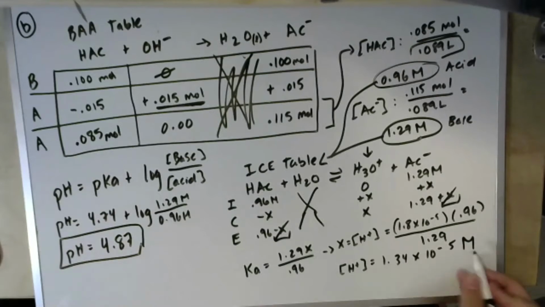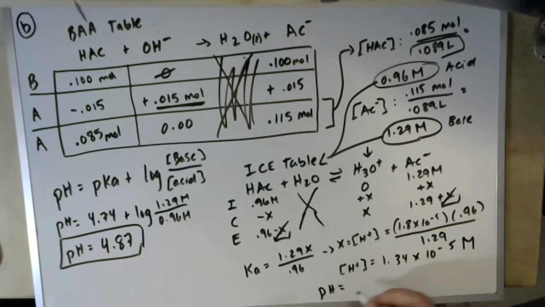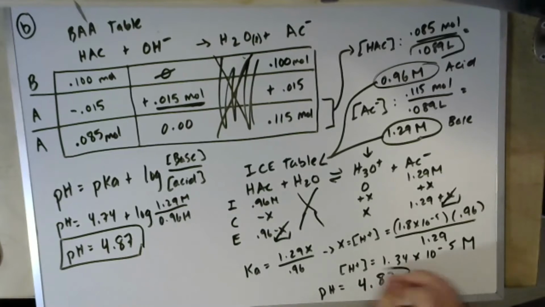And then we're going to calculate our pH from that. So pH is going to be negative log of our H plus value, and we see we still get 4.87 back out as our pH.